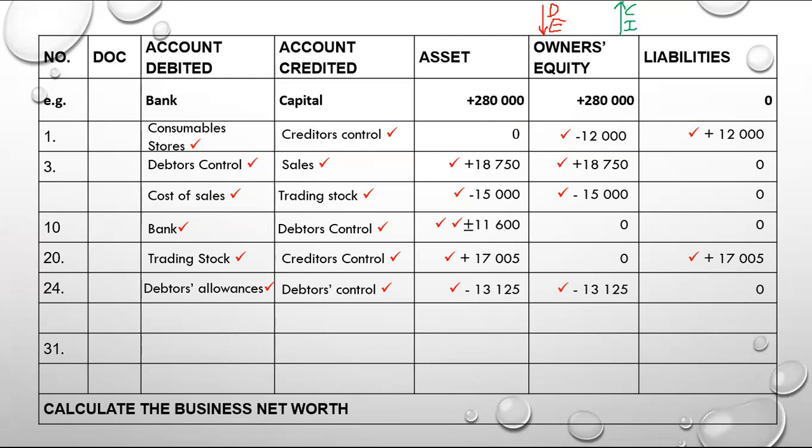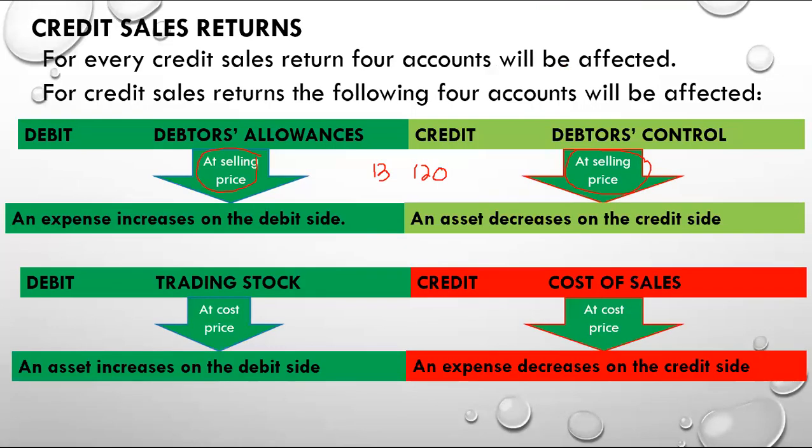The other 2 accounts that will be affected, we are going to debit trading stock and credit cost of sales, but at cost price. So we need to take this 13,125, multiply it by 100 and divide it by 125 because we were given the markup.